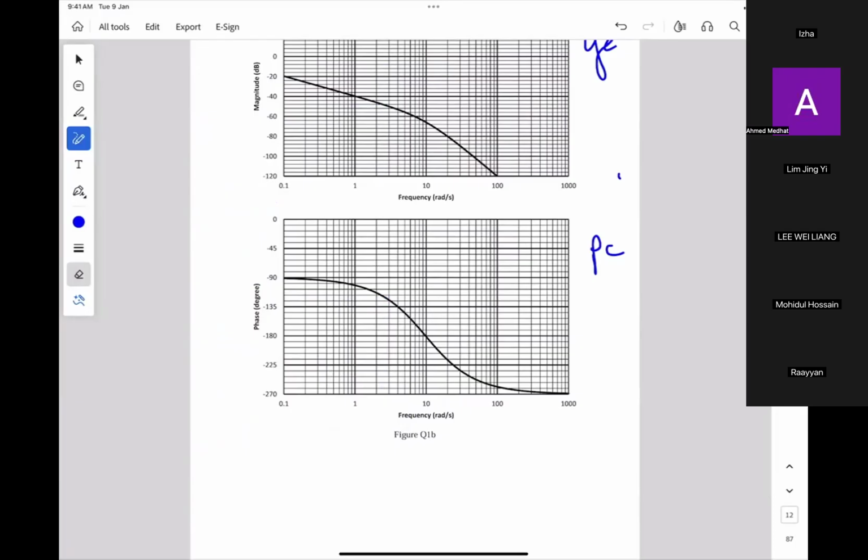Phase crossover frequency, where the phase curve cuts minus 180 degrees at here, correct?